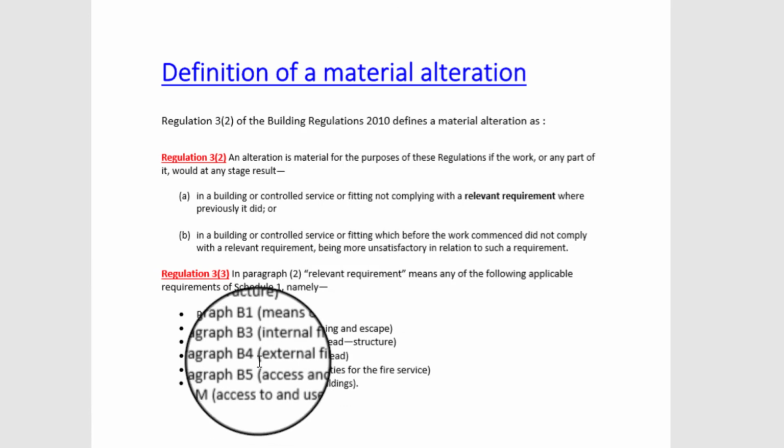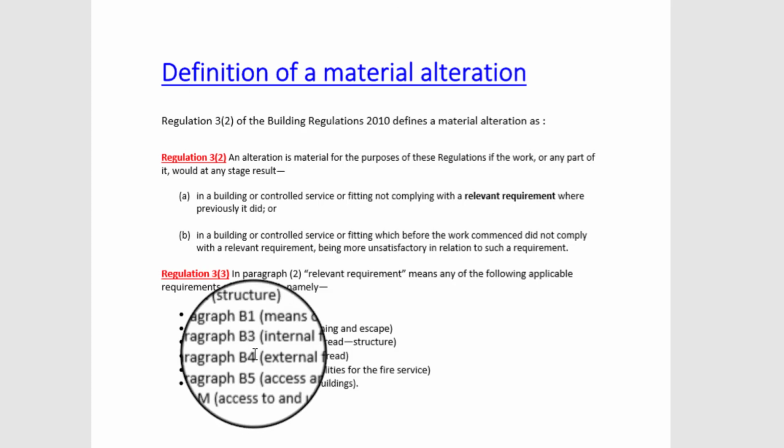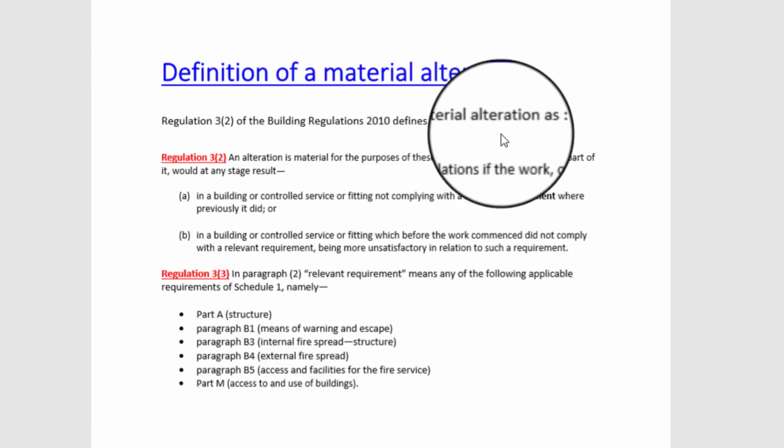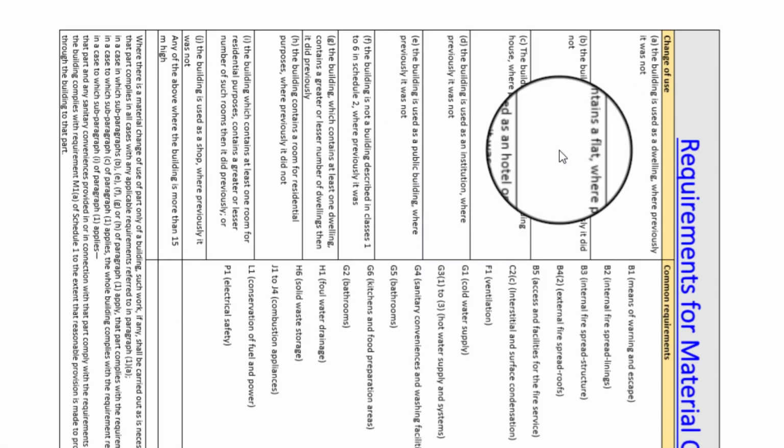So during the plan check you're applying the scrutiny checks accordingly as to whether it's a material alteration you're dealing with, or whether it's a material change of use. Okay, this ends the update in terms of the current 1st of July edition release of the standard clauses for plan checkers.